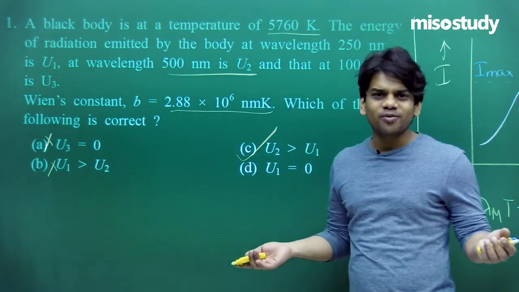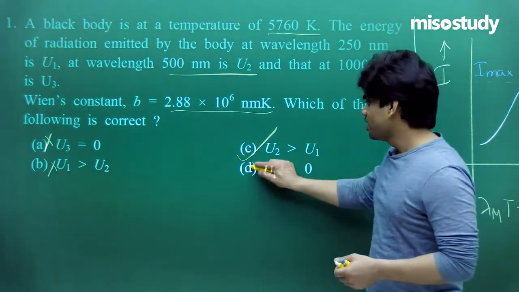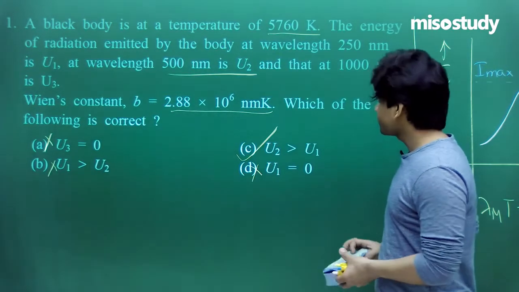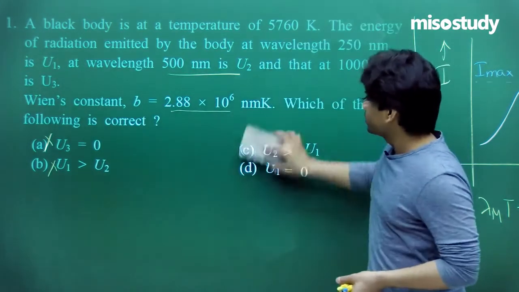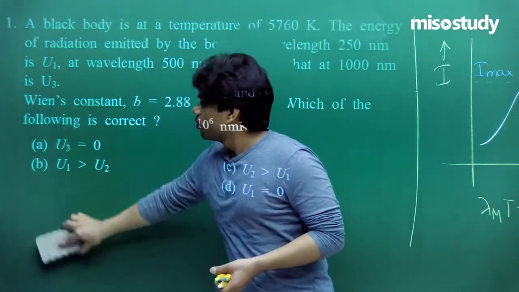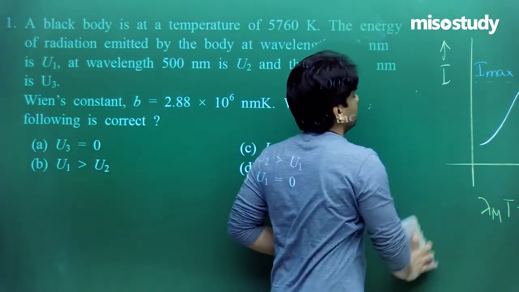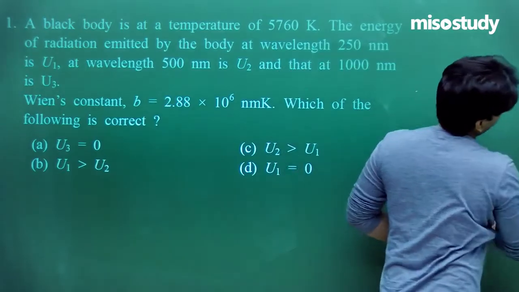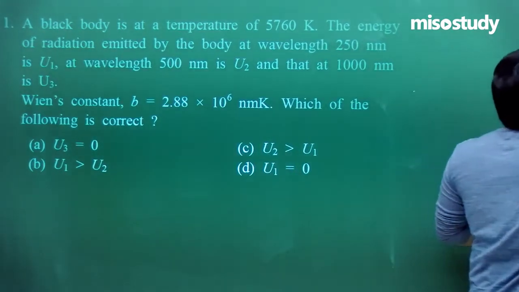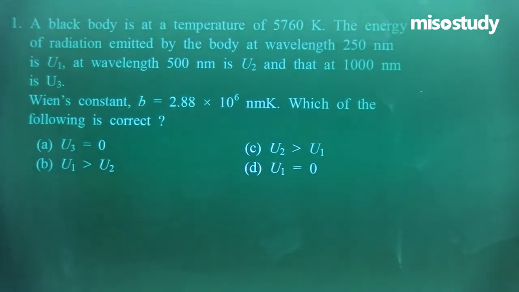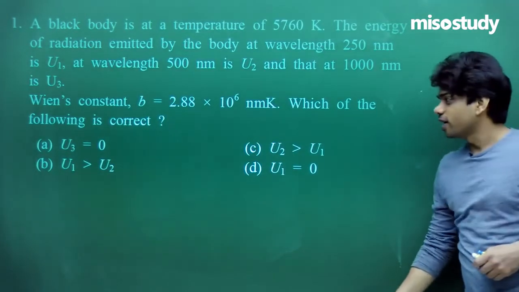At each lambda we will have some energy emitted, so this is also incorrect. So using Wien's displacement law, we have identified for which value of lambda we get the maximum intensity, and then we can directly connect that with energy.